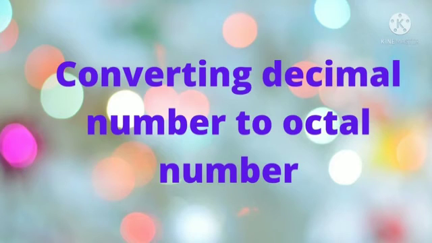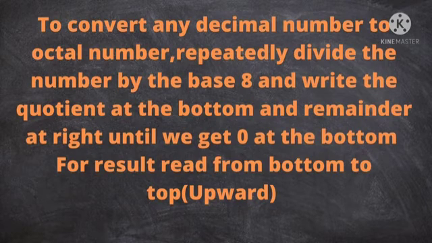Next we will see how to convert a decimal number to an octal number. For that, the first thing you have to do: the base value of octal is 8. So you have to repeatedly divide the value by 8, and write the quotient at the bottom and the remainder at the right. Just like in the previous example, we will do the same method until we get the answer 0 at the bottom.